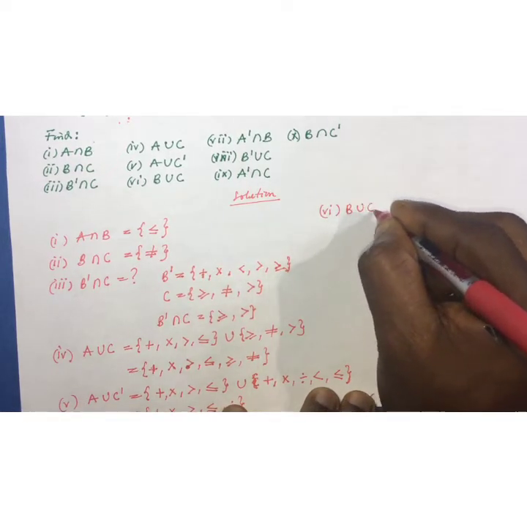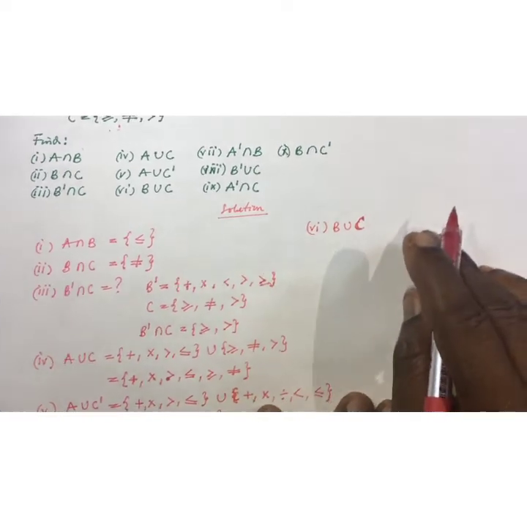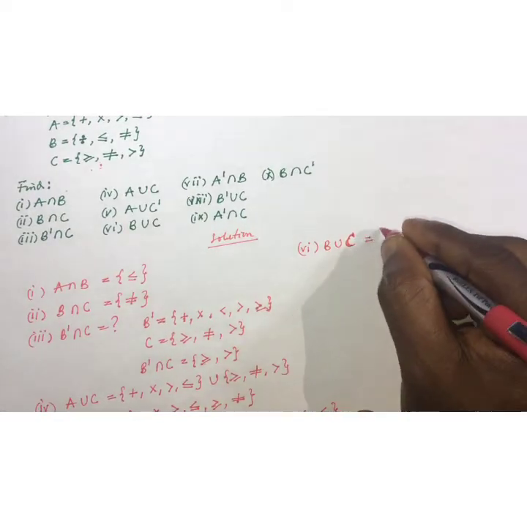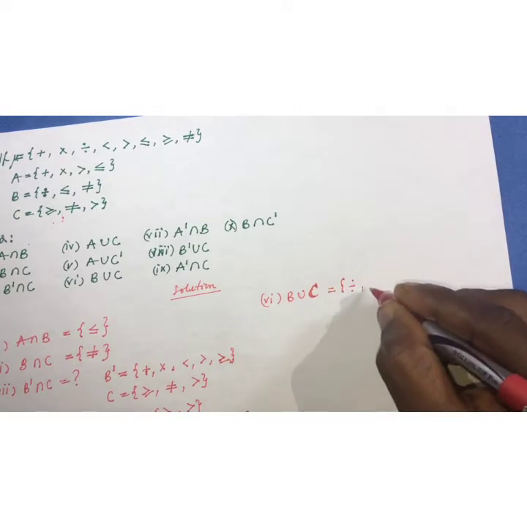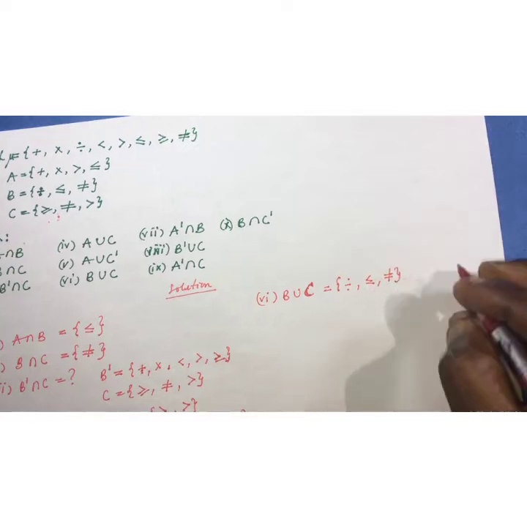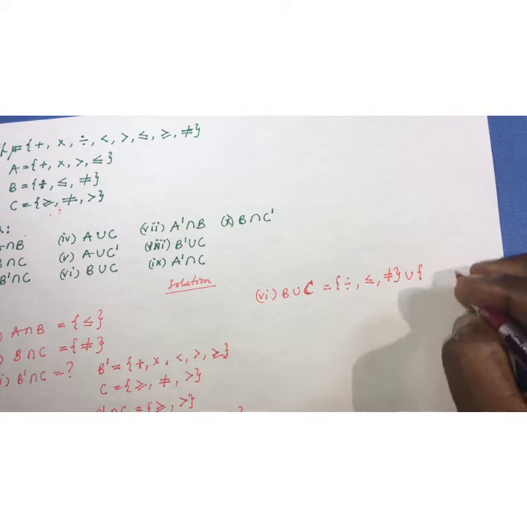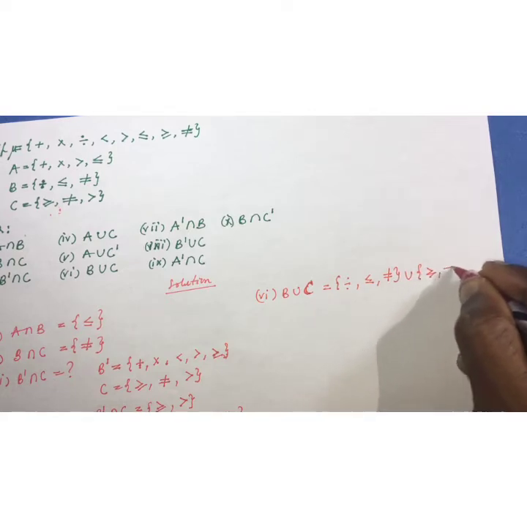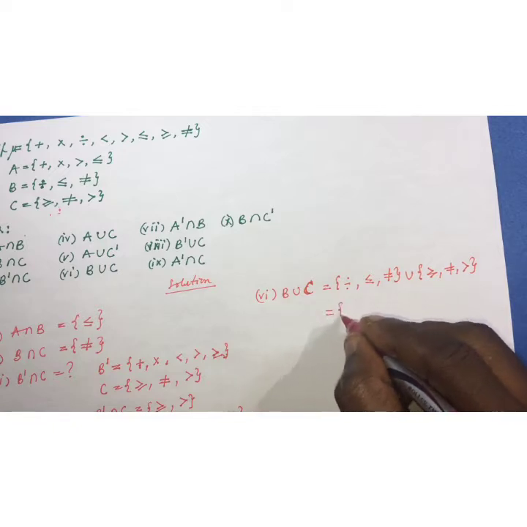B union C. Now for B union C, I'm going to write B. B is division, less than or equal to, and not equal to. Uniting that with C, C is the set containing greater than or equal to, not equal to, and greater than. Now, what would that unite to?